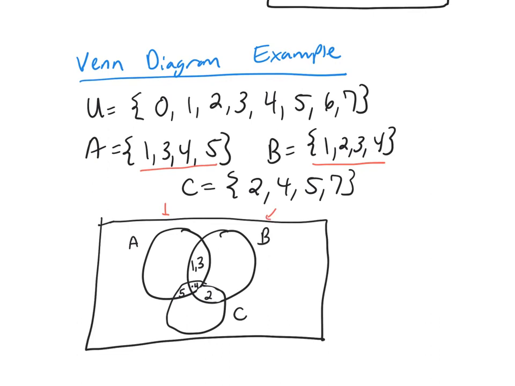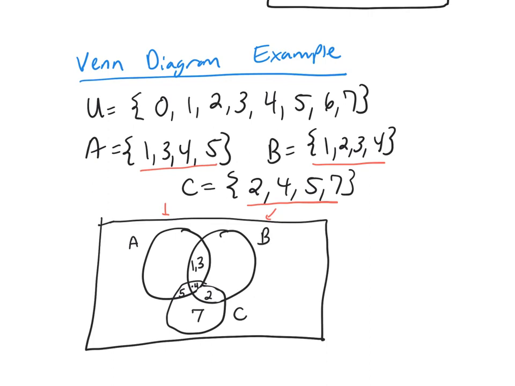So the final one is this C here, 2, 4, 5, 7. I'm missing 7, and that's only going to be in the part of C that isn't overlapping with A or B. So that's where that 7 goes.